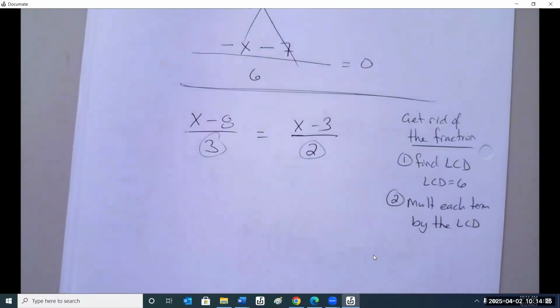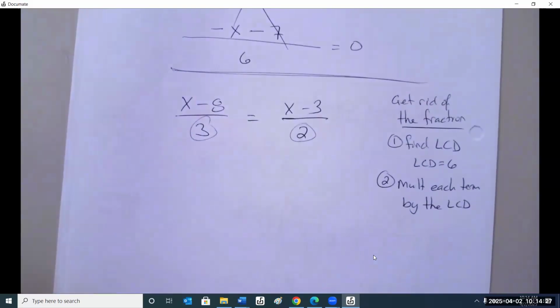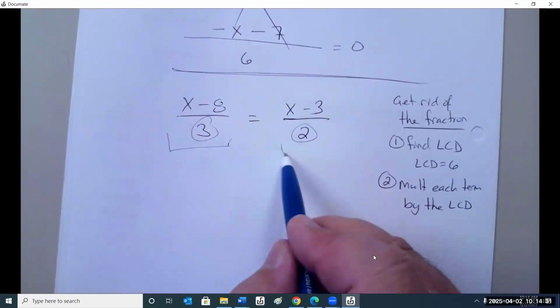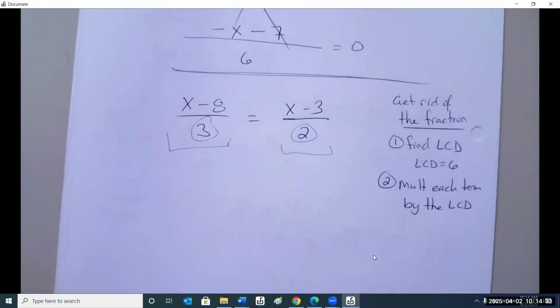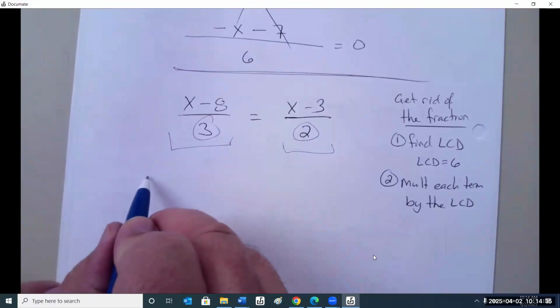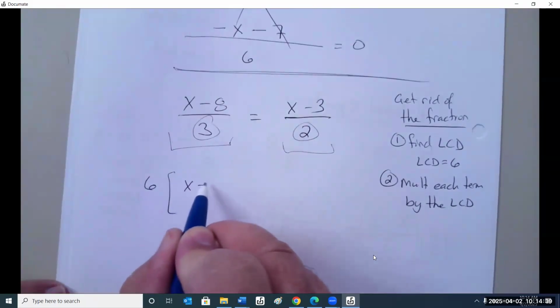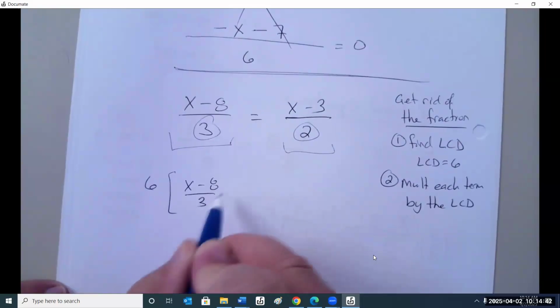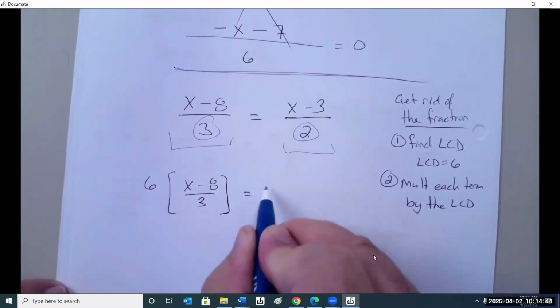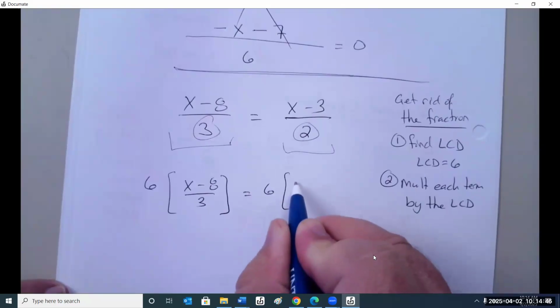How many terms do we have in our equation? 2. This is one term. This is another term. So we multiply this side by 6, and we multiply this side by 6.